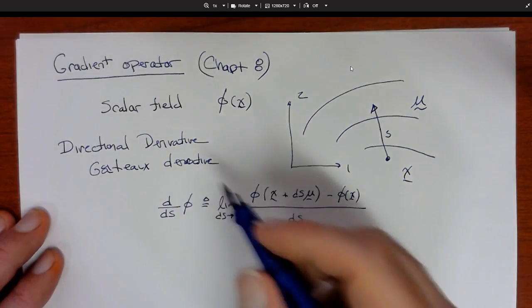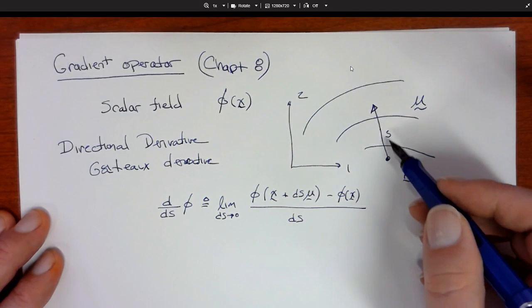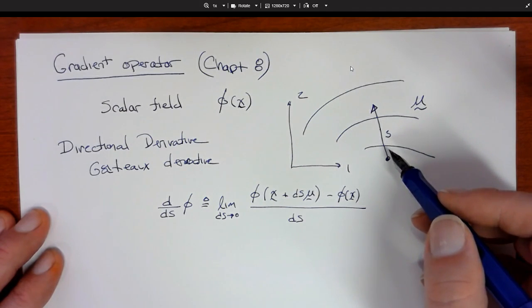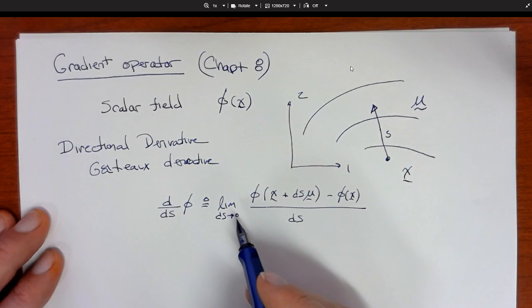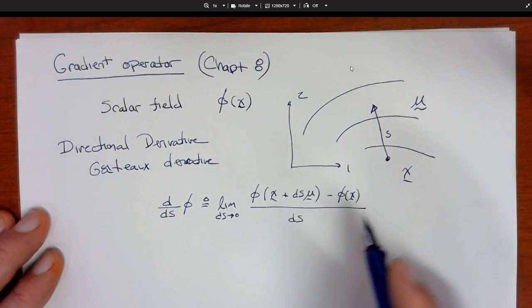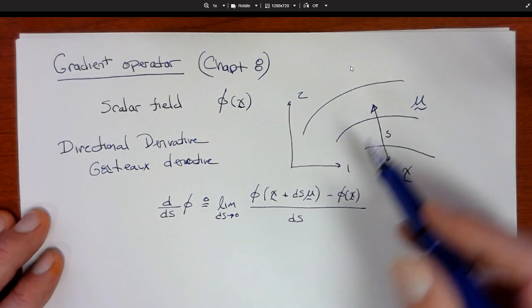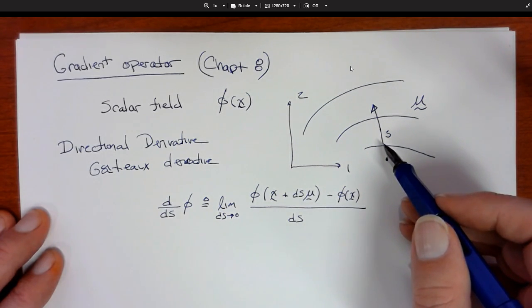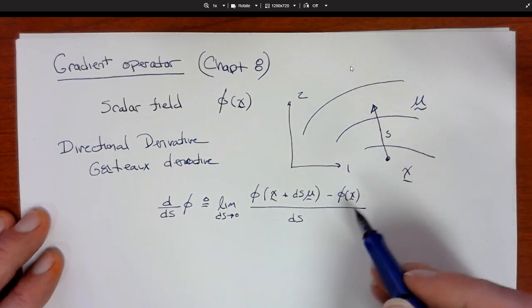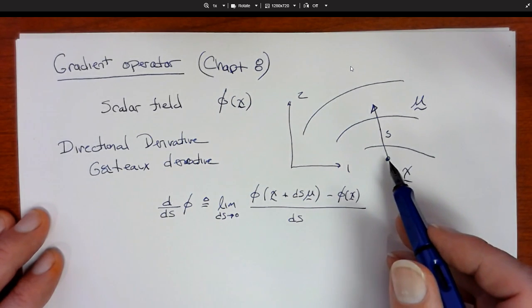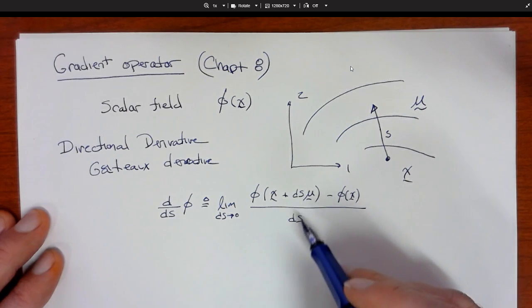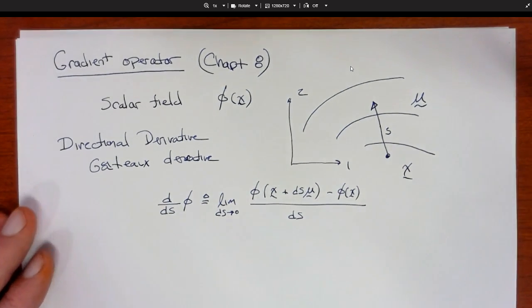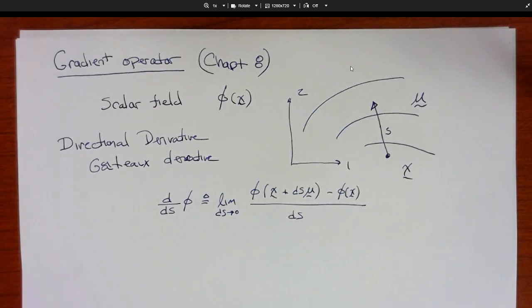Okay, so ds is the little differential increment along this direction with the unit vector mu, and then obviously we're going to take the limit as that delta x goes to 0. This term here is the value of phi just a little bit ds down this unit vector direction. This is obviously phi evaluated at the point x over ds, right? So this is just the regular calculus 1 definition of a derivative, but in a particular vector direction, all right?